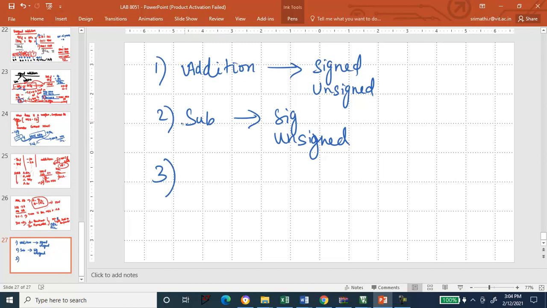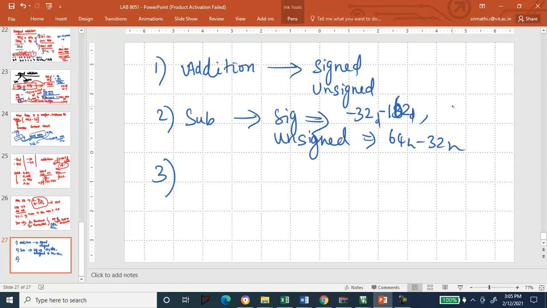For subtraction I haven't, so take your own numbers. Unsigned is easy, I have done 64H minus 32H. For signed numbers, you take minus 32 minus 132, that is one number, and 162 I can take. Both are decimal.